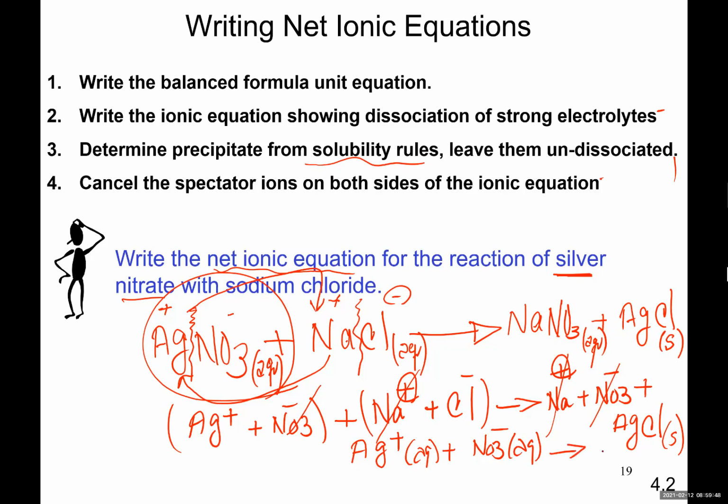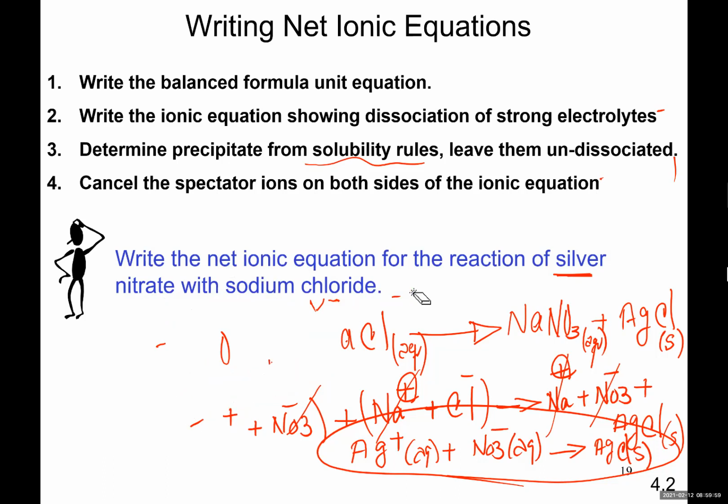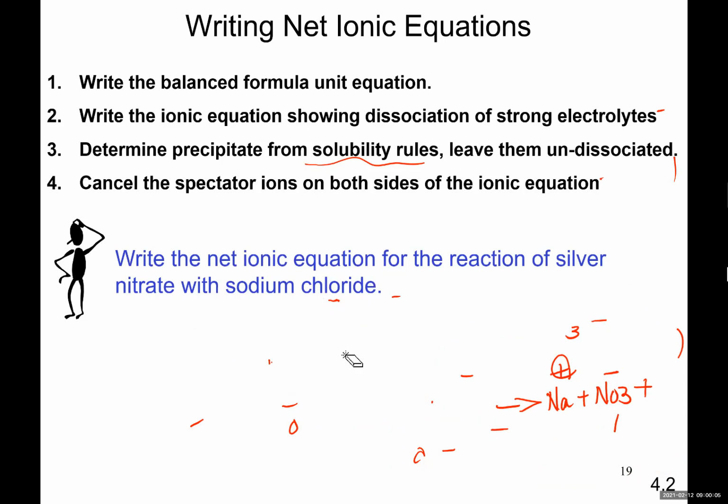And on the right-hand side, all I have is AgCl solid. So this is the net ionic equation for this problem. Let me clean up my whiteboard and show this again to make sure you got it. And if you have any questions, please don't hesitate to come and see me during my Zoom hours, and I can answer your questions.